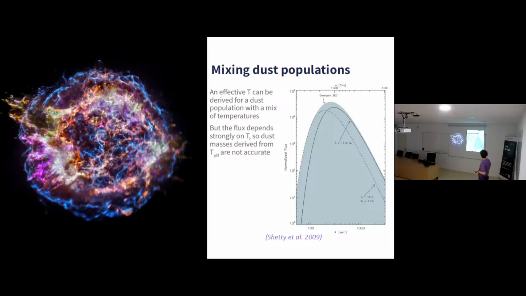Of course, you can fit an SED that is composed of two different temperature components with an effective temperature. But because the black body curve is so strongly dependent on temperature, the dust mass that you derive is very sensitive to what effective temperature you end up getting.